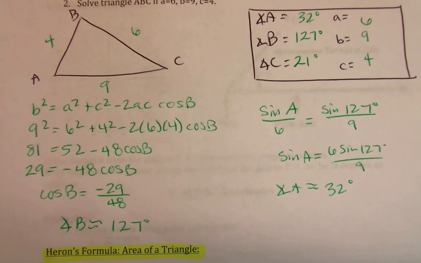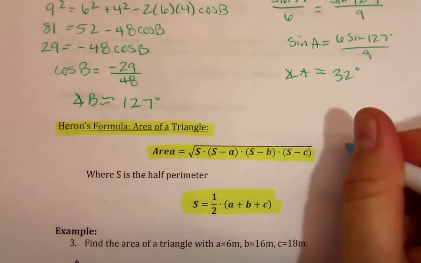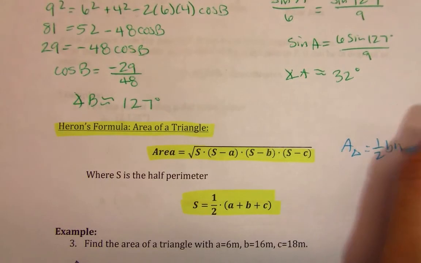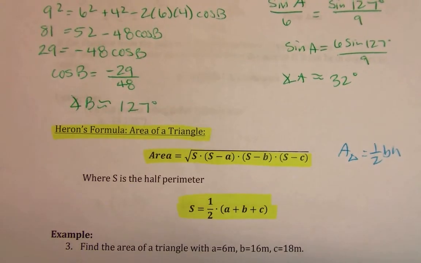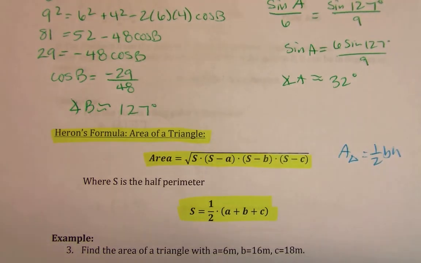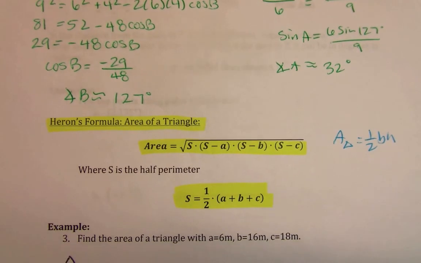And the law of cosines leads us to another formula to find the area of a triangle. Now you're familiar with the area of a triangle being 1/2 base times height. But what if we don't know the base or the height? We can use what's called Heron's formula, and that gives us a new formula for finding the area of a triangle.